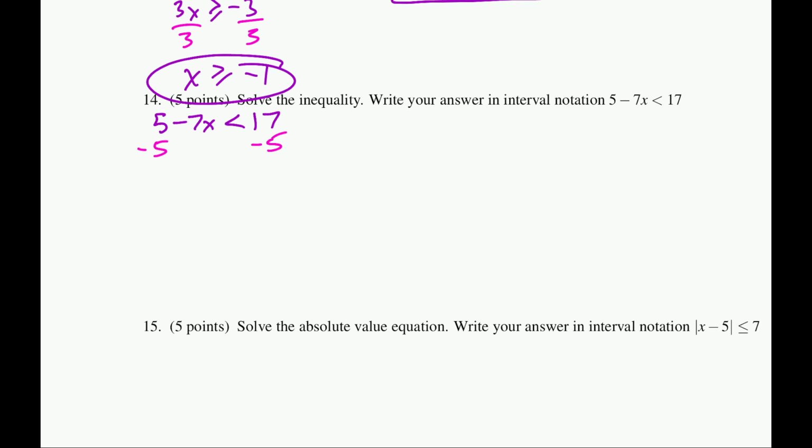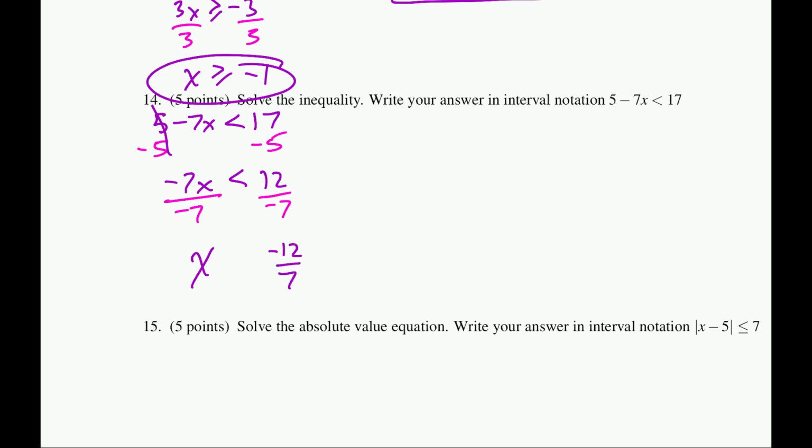So we end up with negative 7x, because that cancels, less than 17 minus 5 is 12. And then we need to divide both sides by minus 7. So over minus 7, over minus 7. On the left, minus 7x over minus 7 is just x. On the right, 12 over minus 7 is negative 12 over 7.